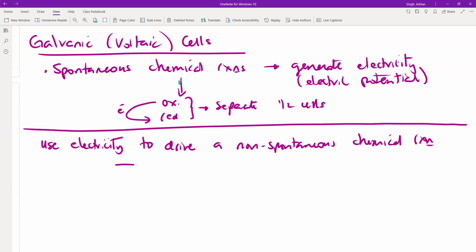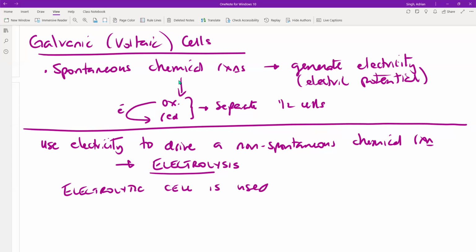Instead, what we're going to be doing here is a process called electrolysis. The name kind of tells you we're using electricity to carry out a reaction. And if we do this in a particular electrochemical cell, the name that we give to that electrochemical cell is called an electrolytic cell, to carry out electrolysis.